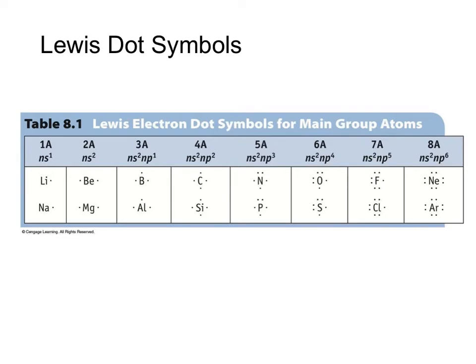What we begin to notice immediately is that the elements that are in the same groups, group 1 here, lithium and sodium, have the same number of electrons in their valence shell, and so they receive equivalent Lewis dot symbols. Group 2, beryllium and magnesium, group 3, boron and aluminum, and so on, all the way out to the noble gases, which have a full 8 electrons in their outer valence shell.